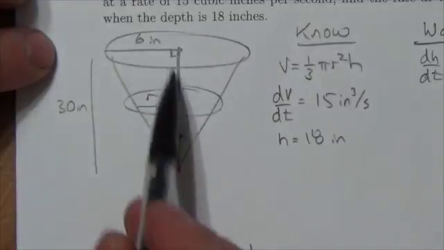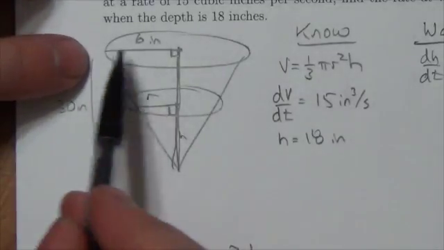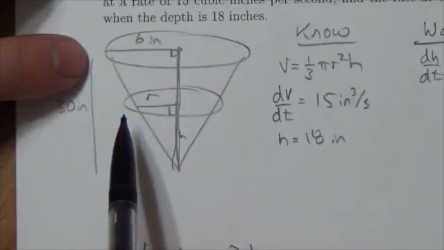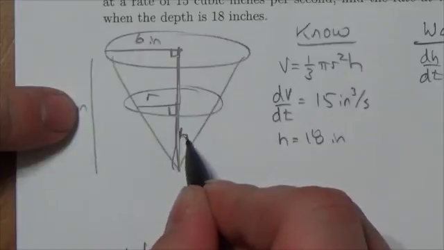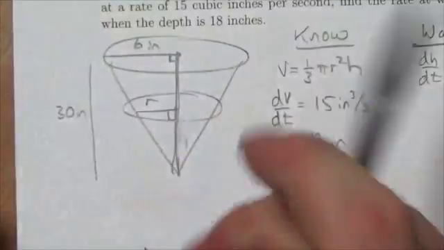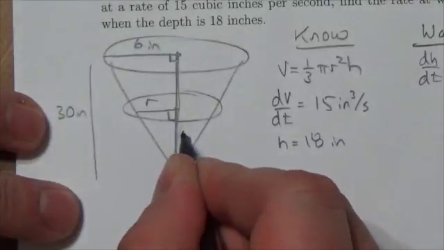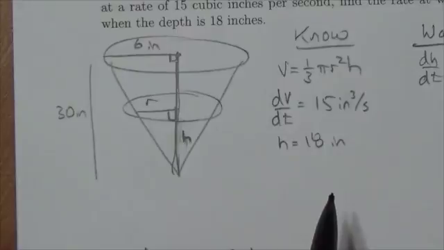This large one has a height of 30, and its length along this base right here is going to be 6. And this one right here has a height of h, because I don't know how tall that is. I've written it right up against the line there, so it's a little hard to see. There's my h, and then I've got this radius r right here.